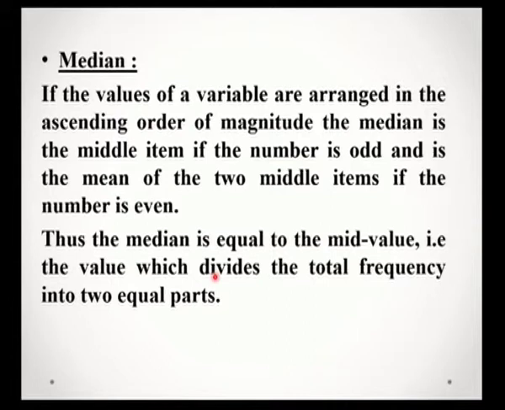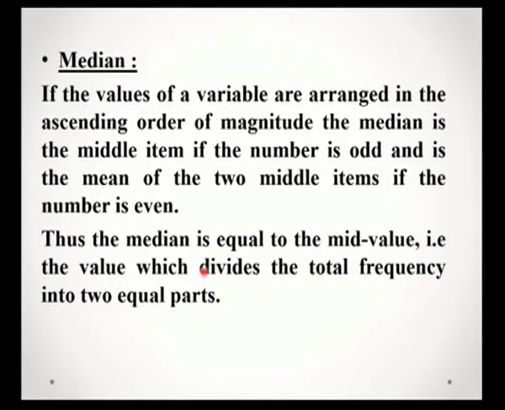If you are given a sample of 10 students and asked to find the median, you need to consider the fifth one and sixth one, take the average of those, and that will be the median of that sample.